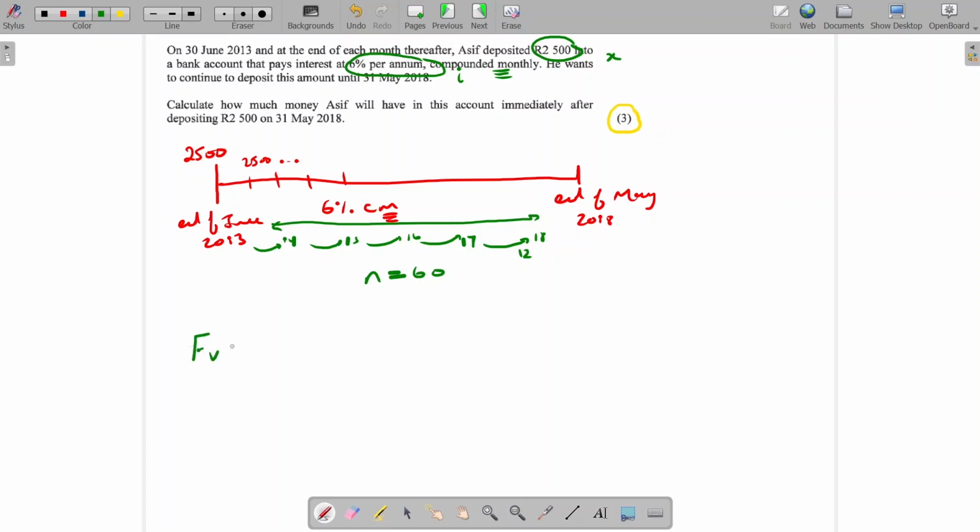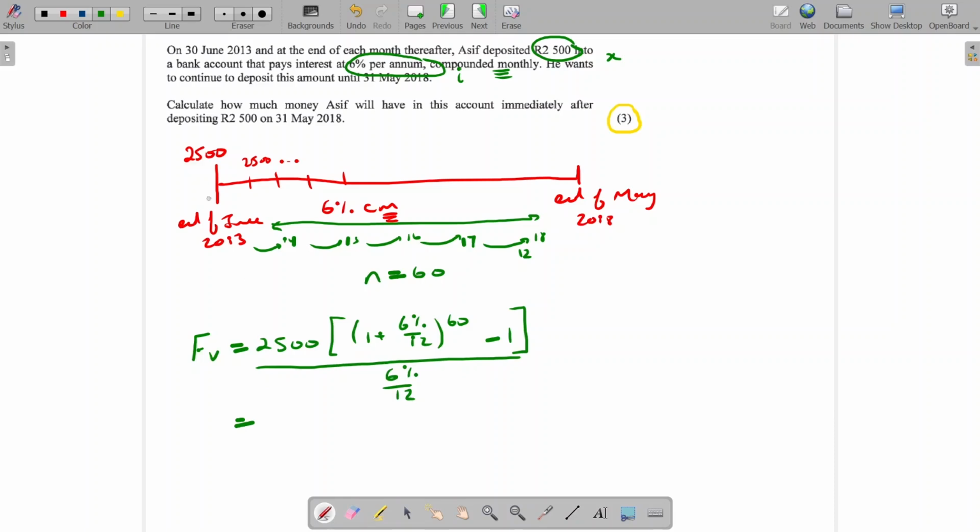Future value equals 2,500 square brackets, round brackets, 1 plus 6% over 12 to the power of 60 minus 1 all over 6% over 12. Okay, again, as I said to you earlier, this is worth 2 of the 3 marks. This final method for knowing how to use a calculator is only worth 1 out of the 3 marks.